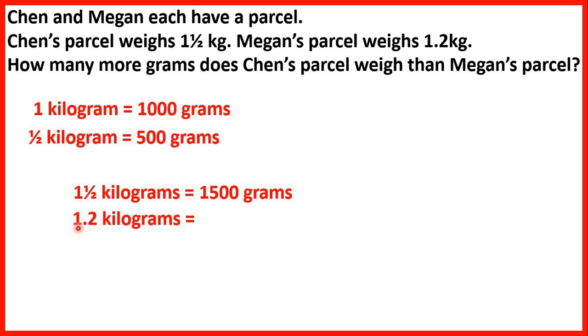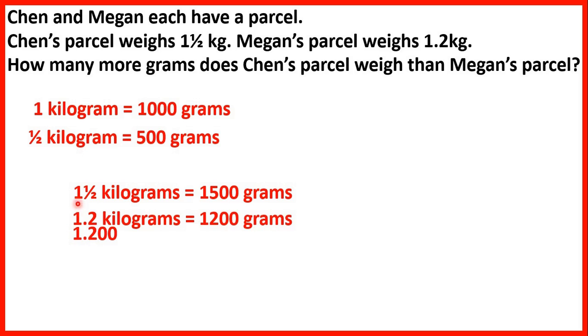Now when you're given a weight in kilograms that's a decimal, to change it into grams, what you can do is write the decimal but with zeros on the end so that it's got 3 decimal places, 3 digits after the decimal point. And then you can just take out the decimal point, so that's 1,200 grams.